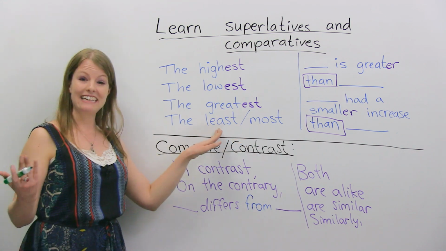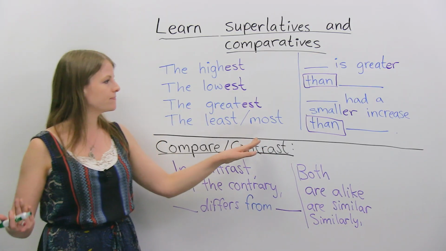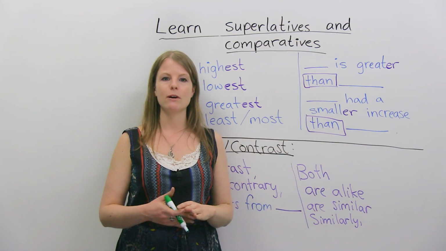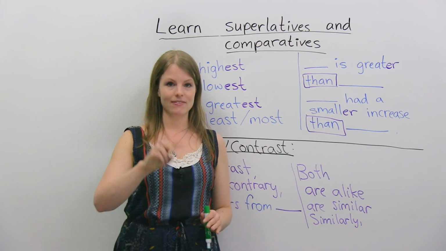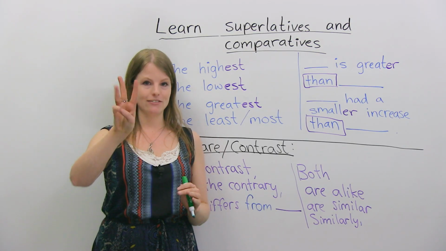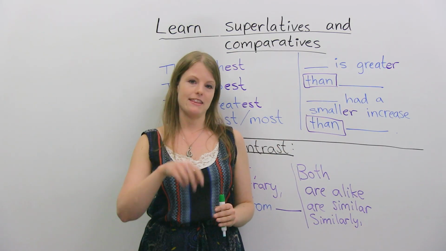You also have the least and the most. These are also superlatives. Then we have these things called comparatives. We use comparatives when we're comparing 2 things. Superlatives are for 3 or more. Comparatives are when you're just comparing 2 different things.